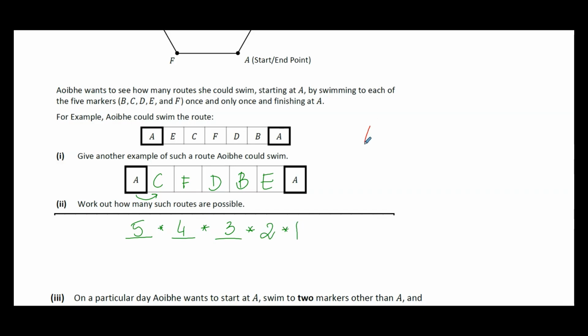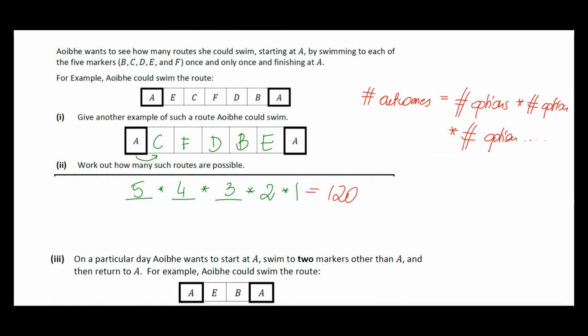The number of outcomes, depending on the scenario, works the same way: we multiply the number of options available at that point by the number of options at the next point, and we keep on multiplying that. We put that in the calculator and we get 120.